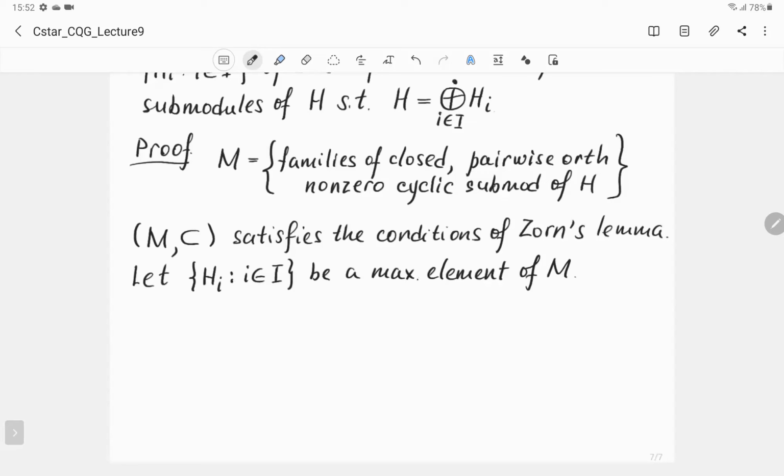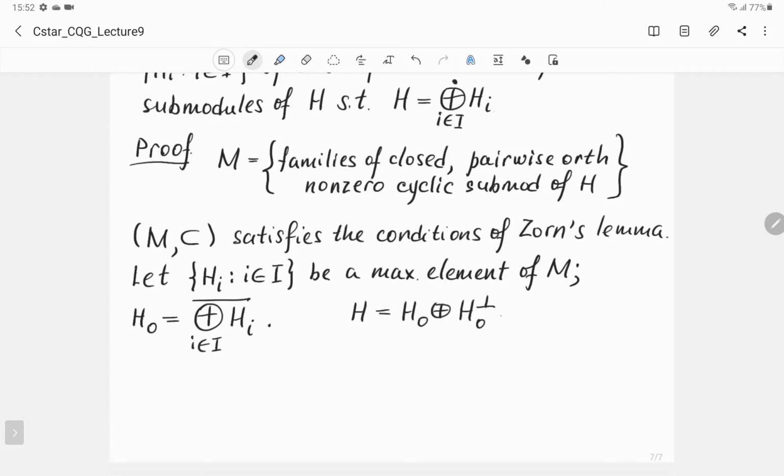And let H0 denote the closure of the algebraic direct sum. Well, by the orthogonal complement theorem, we have the following decomposition: H is H0 plus H0 orthogonal.